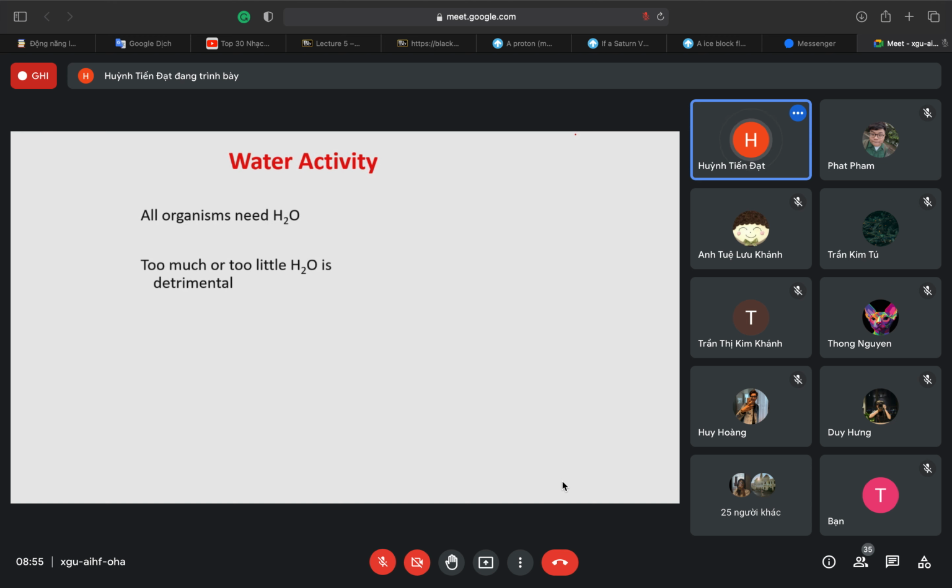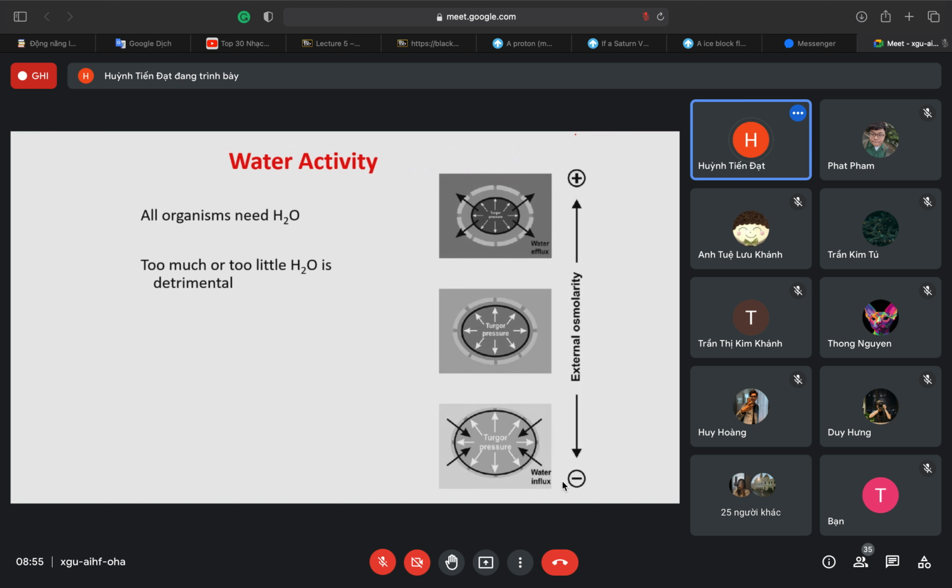All organisms need water. Too much or too little water is detrimental, meaning harmful, for them, because it affects the turgor pressure inside. It can cause water efflux, the loss of water, or water influx, which means they take in water, changing the cell state.